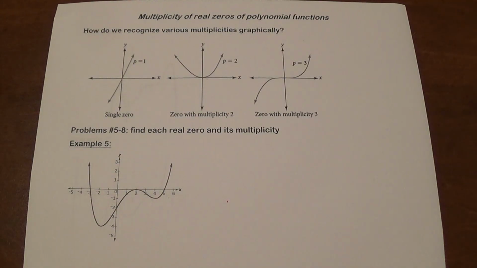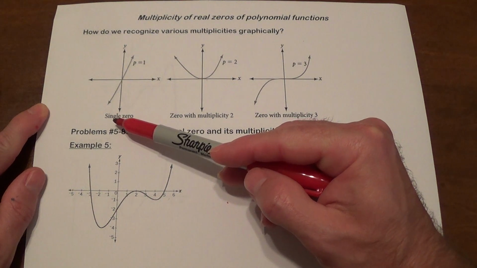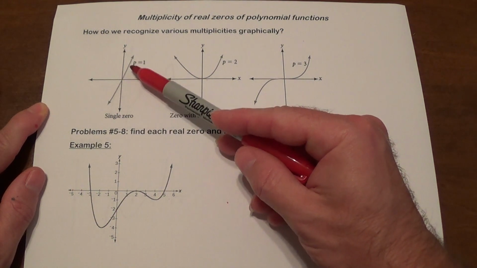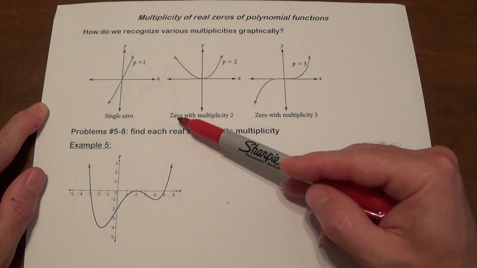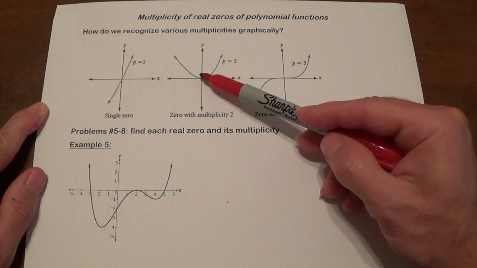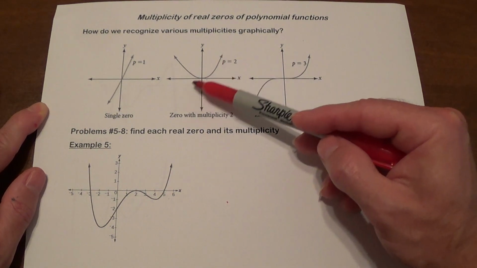So how do we recognize different multiplicities based on the graph? When you have a multiplicity of 1, we call it a single zero. The graph simply cuts through the x-axis. If you have a zero with multiplicity 2, it's always going to be a situation in which the curve is going to bounce off the x-axis, either from the top or from the bottom.